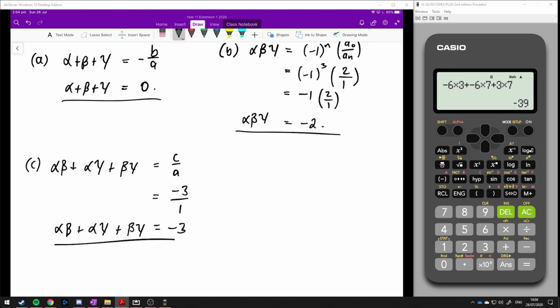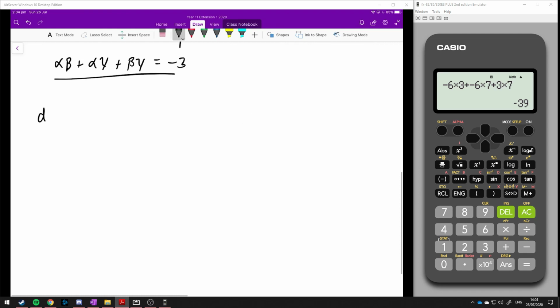Now part D is where this starts to get a lot trickier. Part D wants us to find the sum of the reciprocals of each. The first thing you might want to do is say, why don't we just flip them all over? Why can't we just say this is the same as alpha plus beta plus gamma, because we can just take the reciprocals of each one?